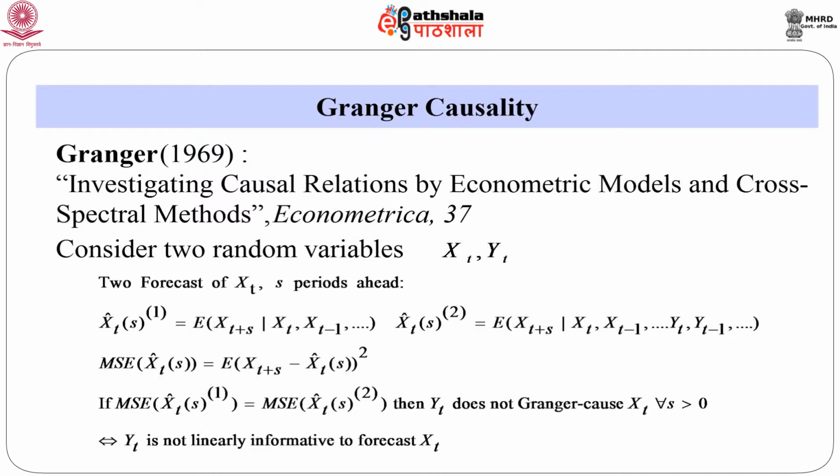This is because if the two forecast errors are identical, then it is immaterial whether we include or exclude yt. In that case, yt does not add any information to the forecasting value of xt, and hence we claim that yt does not Granger cause xt.